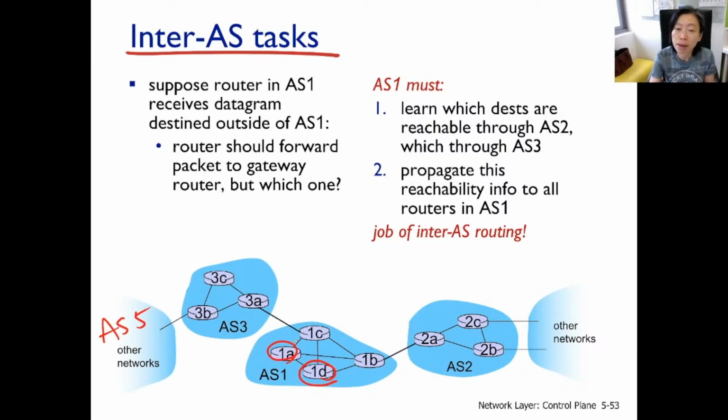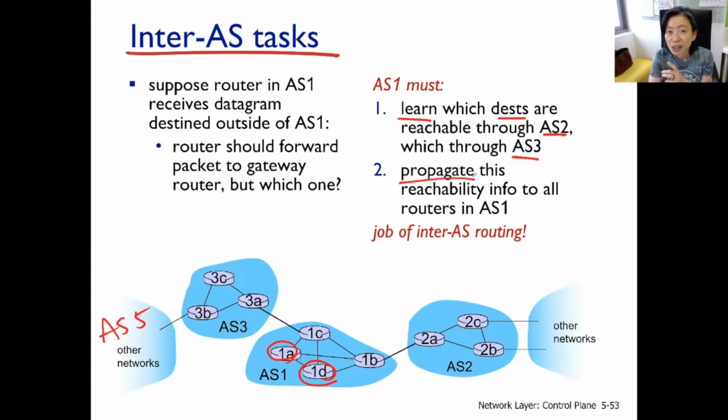They must learn, for each destination AS, whether AS2 or AS3 is the next hop AS to the destination AS. And this is essentially the inter-AS routes. And how do 1D and 1A learn?